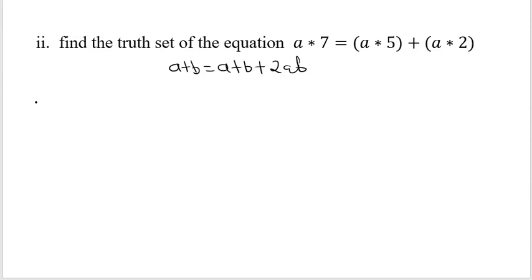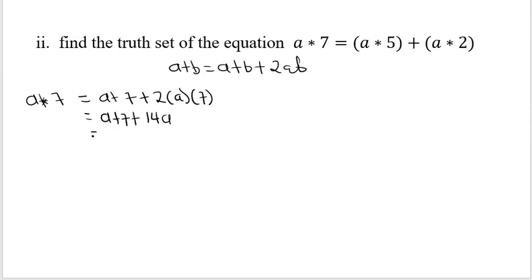When you take A star 7, this will be equal to A plus 7 plus 2A multiplying 7. We simplify this and it gives us A plus 7 plus 14A. A plus 14A is going to give us 15A plus 7. Then we come to A star 5.